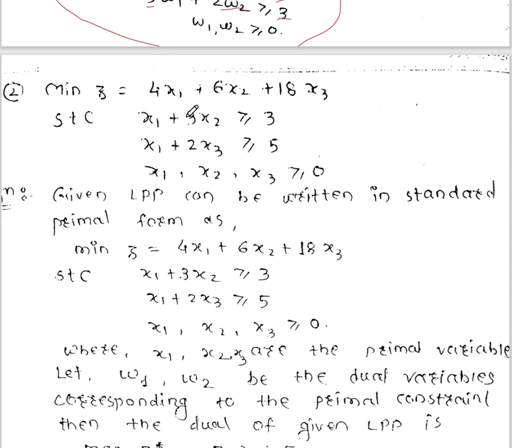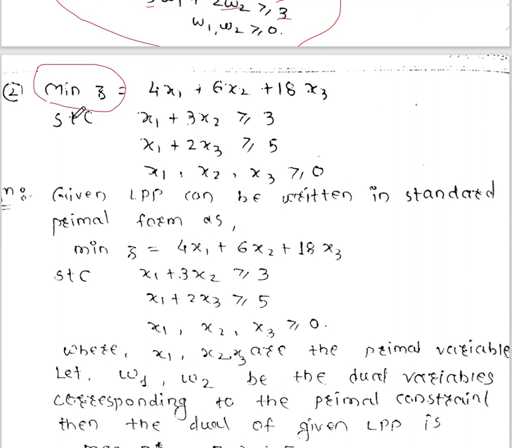Minimize z equal to 4x1 plus 6x2 plus 18x3 subject to constraints x1 plus 3x2 greater than equal to 3, x1 plus 2x2 greater than equal to 5, x1, x2, x3 greater than equal to 0. Here the problem is of minimization form and all the signs are greater than equal to.